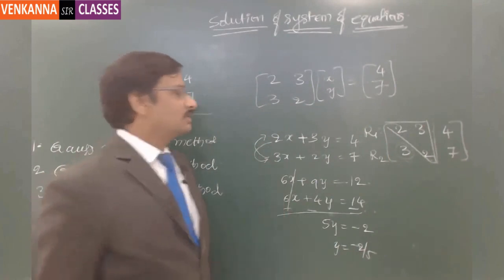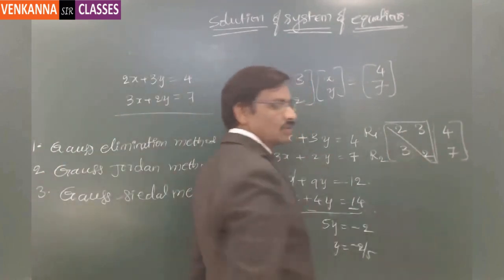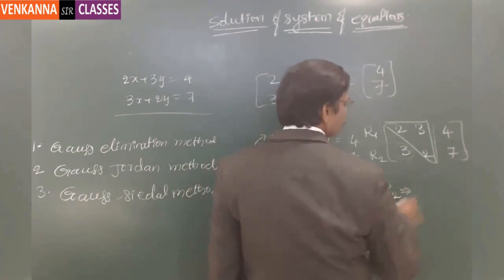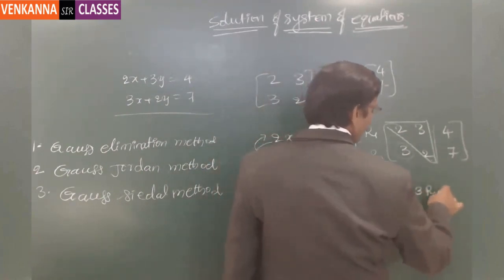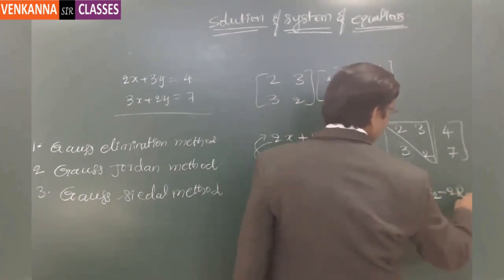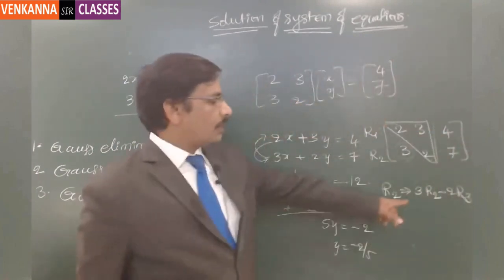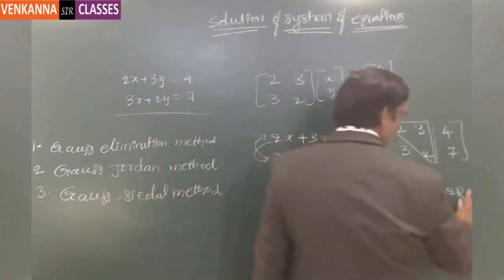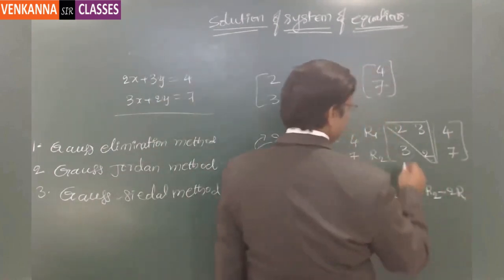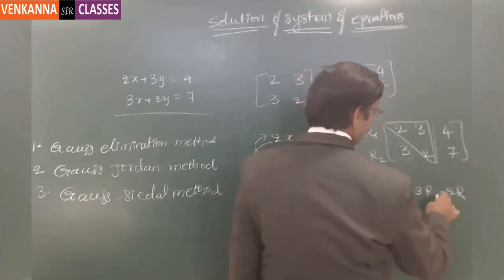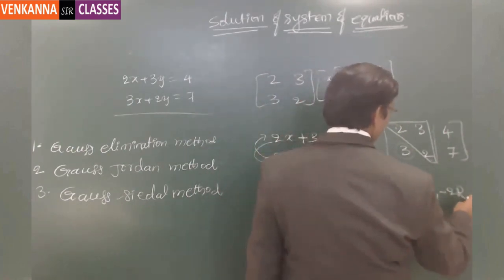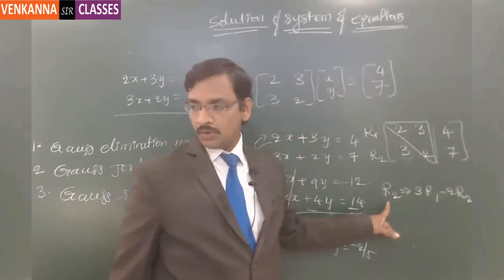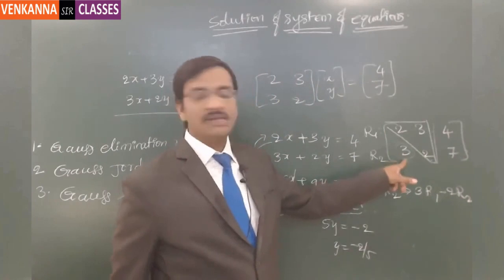If I want to make this value 0, R2 can be written as 3 times R1 minus 2 times R2. Sorry, this is R1. So if I make this operation and replace the row as R2, then I can get the value here as 0.